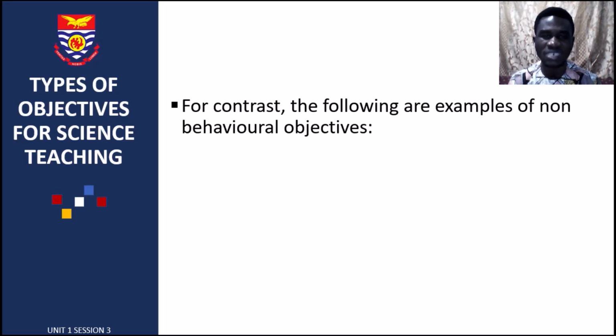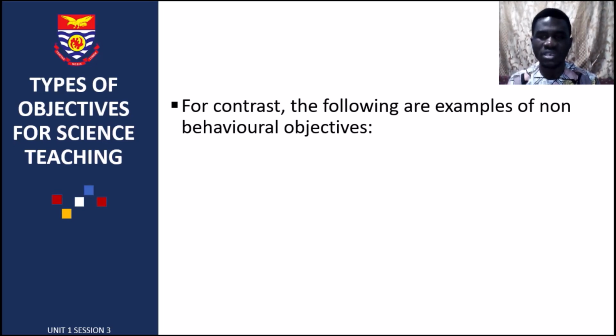I hope you have taken note of the various verbs that were used in stating these two objectives. Now you realize that in the non-behavioral, we state an objective such as the student should be able to learn, the student should be able to understand, the student should be able to know. To what extent must the student know? To what extent must the student get an understanding for us to say that learning has occurred?